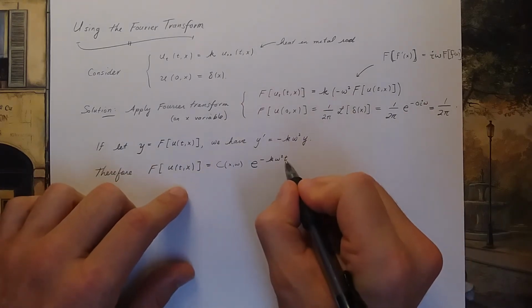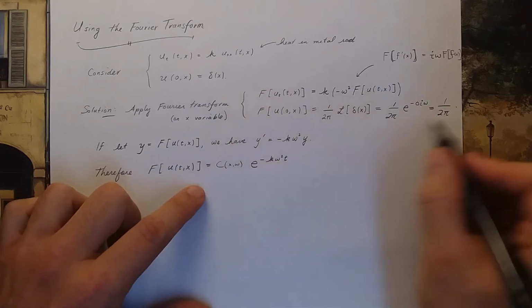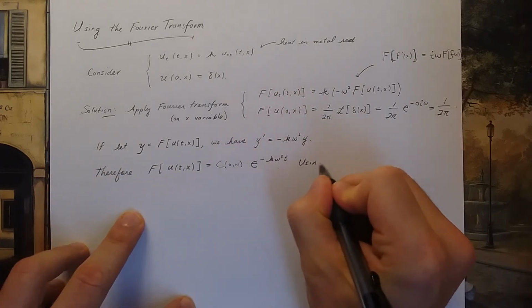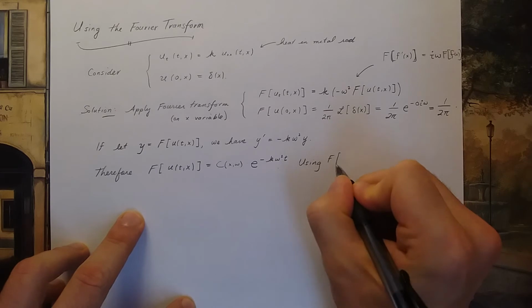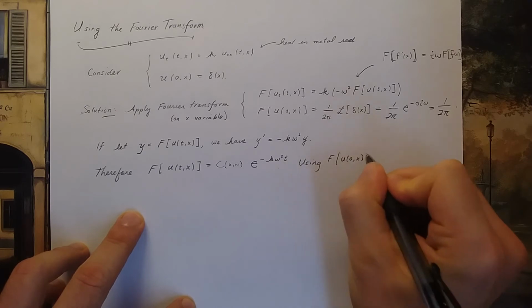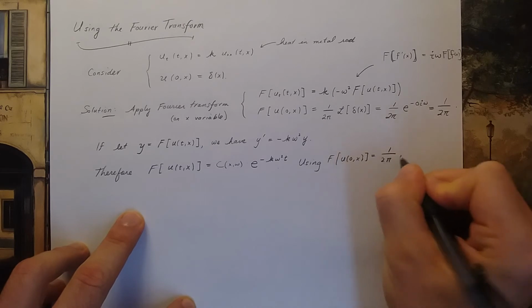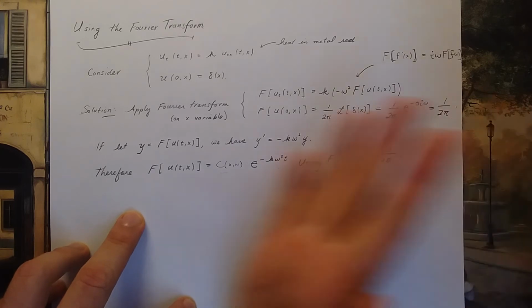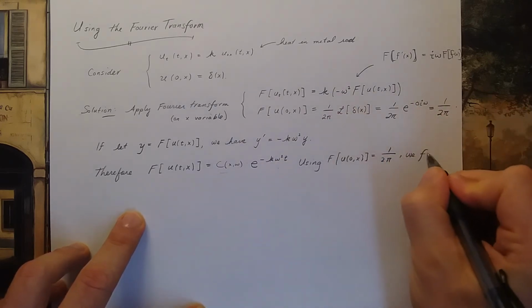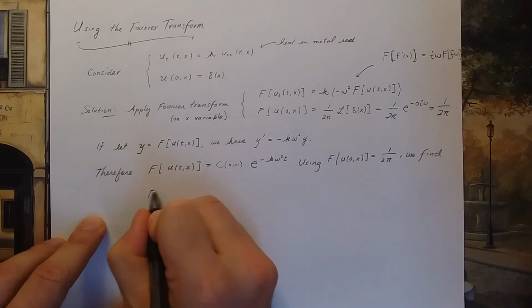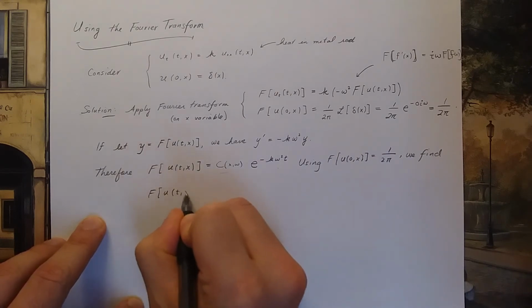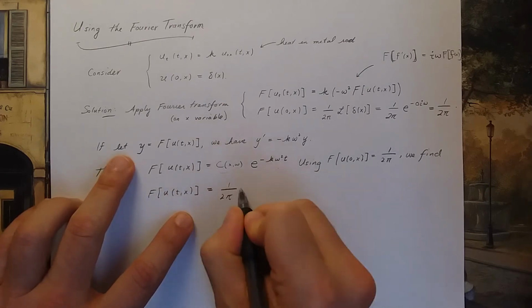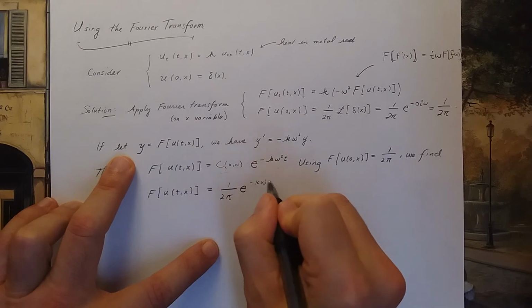So if I plug in time 0, I should get out 1 over 2 pi. Using that initial condition, which is 1 over 2 pi, we finally find the constant in front, because if I stick in 0 for t here, I get e to the 0, which is 1. We find that my function has Fourier transform given by 1 over 2 pi e to the negative k omega squared t.